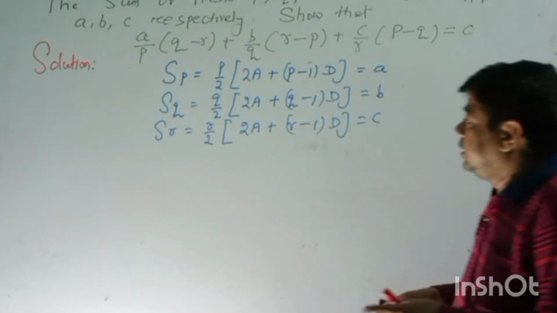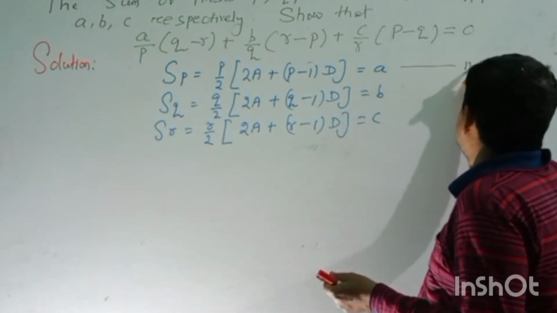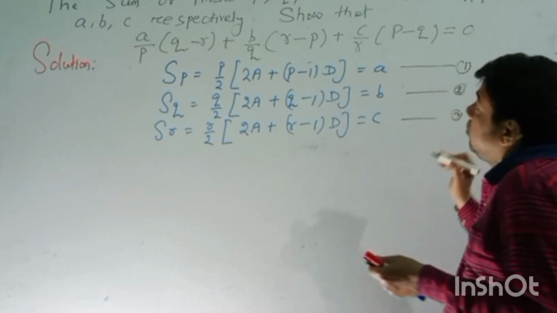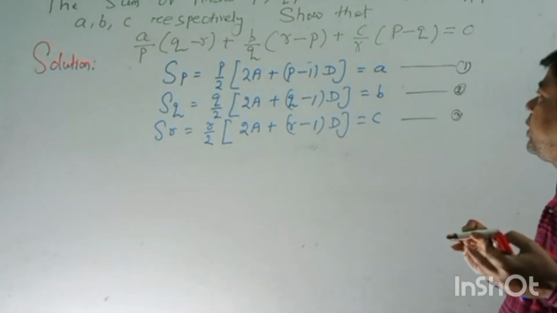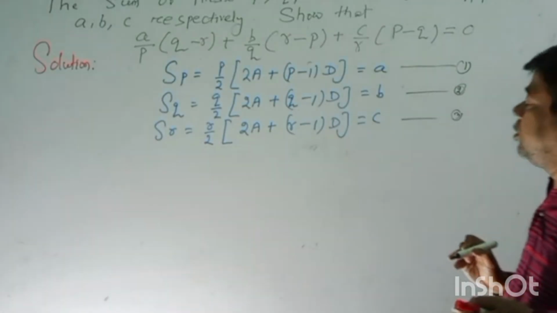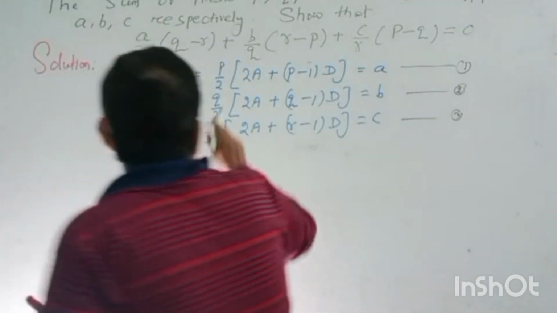Let's see, these are equation 1, equation 2 and equation number 3. And we have to prove A/P (Q − R) + B/Q (R − P) + C/R (P − Q) = 0.